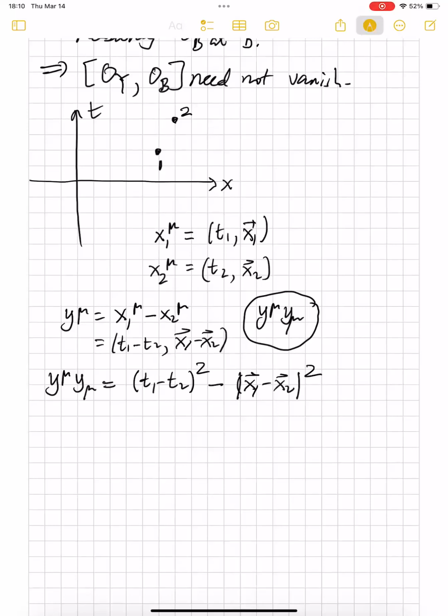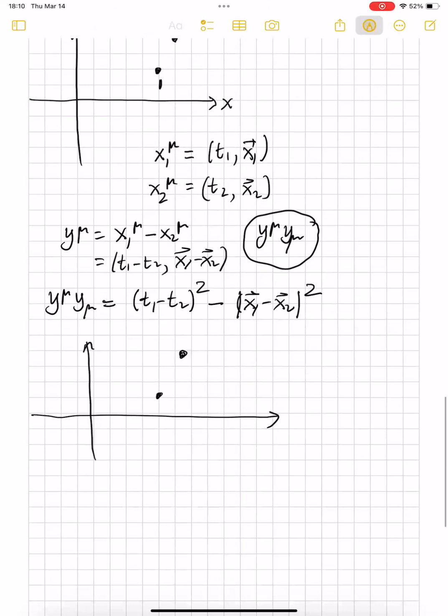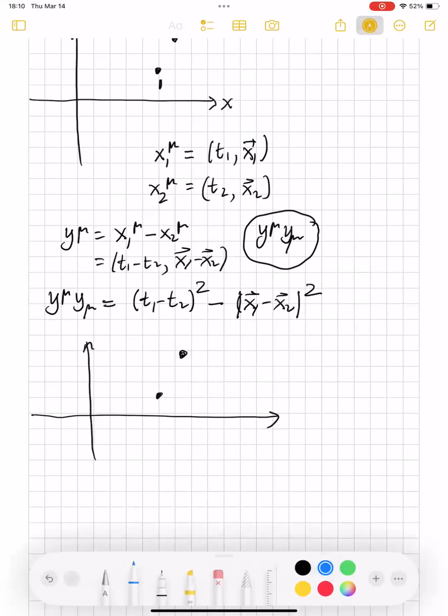Okay, so now let's consider 2 points, a point here and a point there. Now, let's put on the light cone. There is the light cone. This is 1 and 2. If we look at these 2 points, everywhere along this blue line, the distance that you travel is equal to the time that you take, because this is a world line of light, and we've said c is equal to 1.